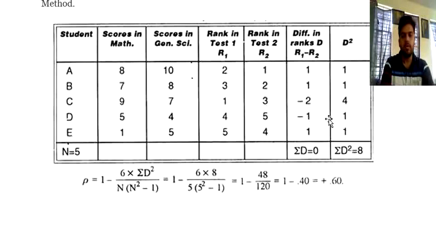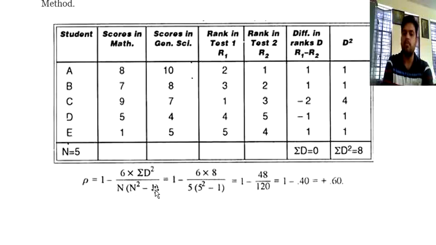I think every one of you has understood this topic very clearly, because this is simple. This Spearman's rank correlation is too easy, too simple. You can find the correlation among different variables very easily with this method. You just have to find the rank for one variable, then the rank for the other variable, then find the difference in these ranks, then square them, then add these values, and when you get this, you put this value at this place.